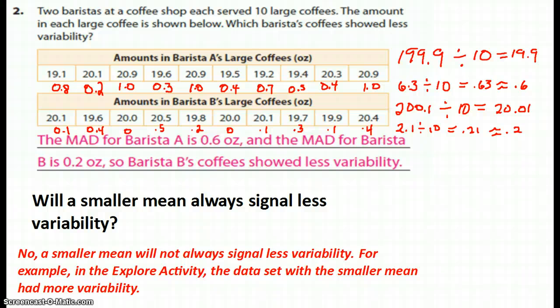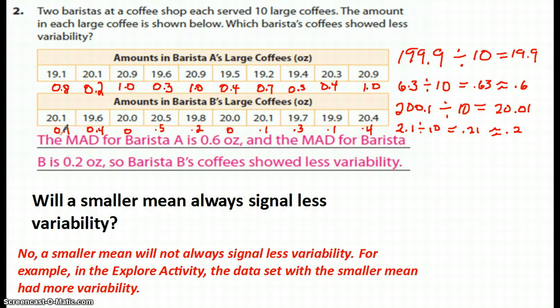So anyway, you will take the actual 1, 2, 3, 4, 5, 6, 7, 8, 9, 10 different cups, and you will add them up, and hopefully you got 199.9 divided by 10, and you will get 19.9.